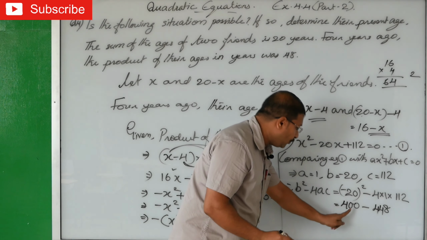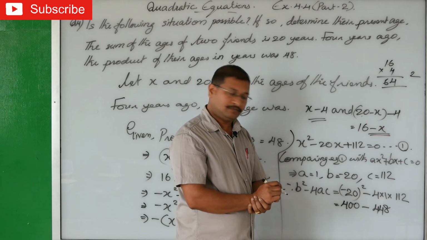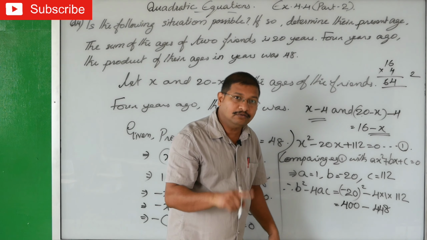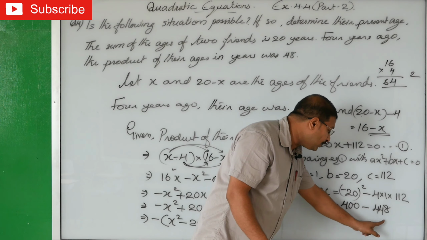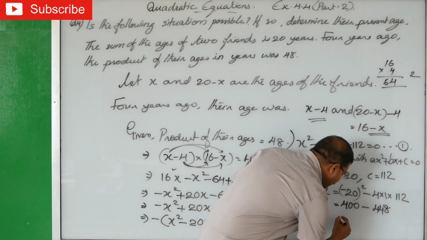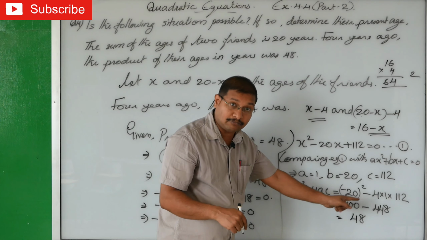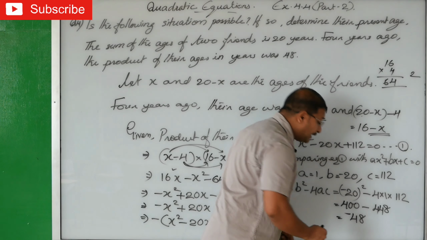See, we got it? 400 minus 448. Plus and minus, what will you do now? Minus. So, 448 minus 400 is 48, isn't it? But we know that the bigger number is 448. That means it is minus. So, the answer is minus.